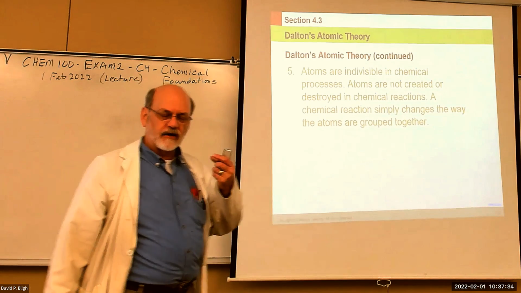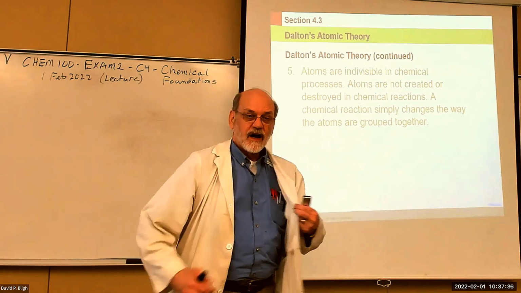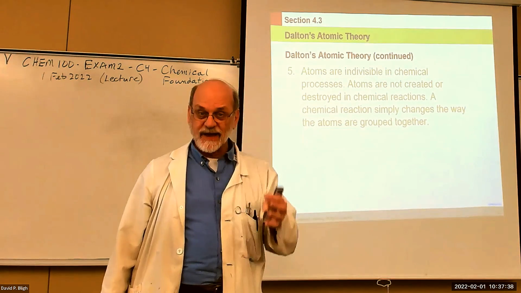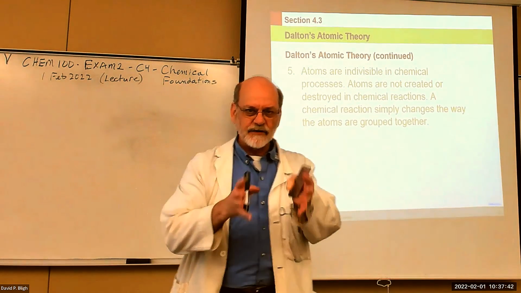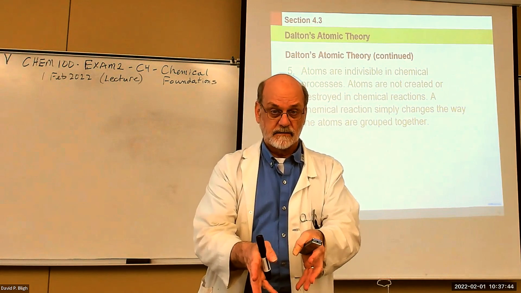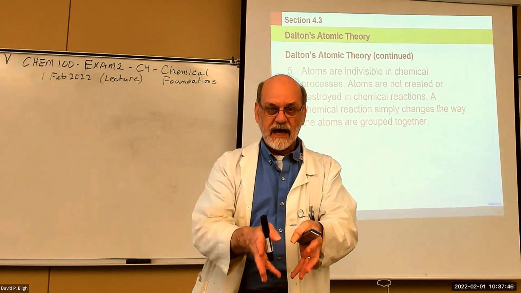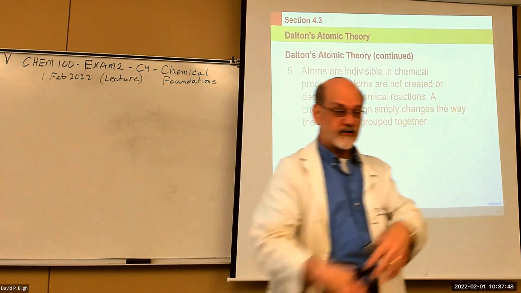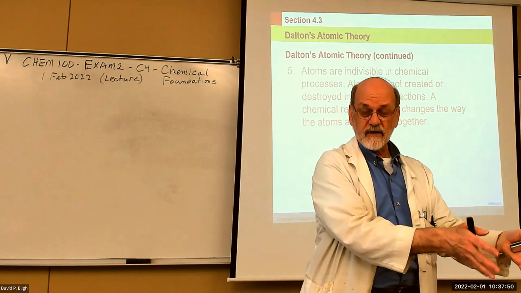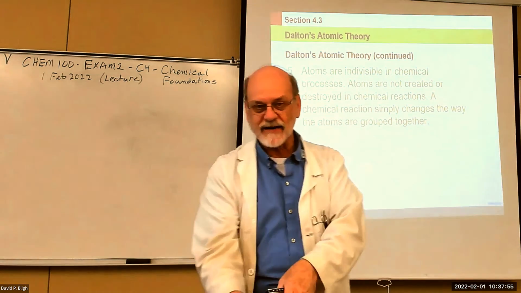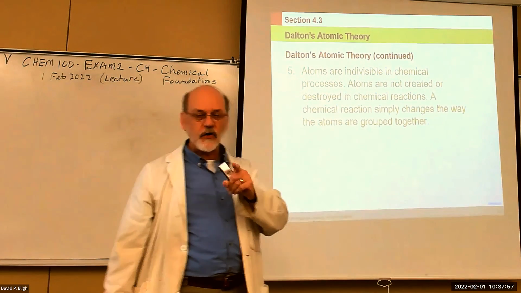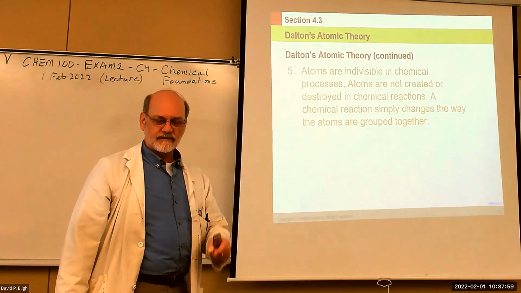And the reason that Lavoisier's law of conservation of mass works is because the reactants have a certain number of atoms. And then when you rearrange them during the reaction, you get a certain number of atoms in the product, which are equal to the same atoms that were in the reactants. That's why matter is conserved, because you have the same atoms.